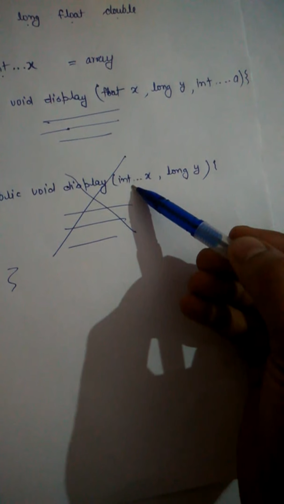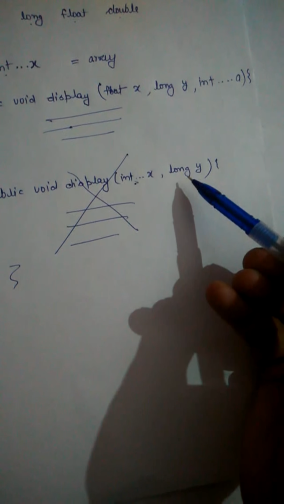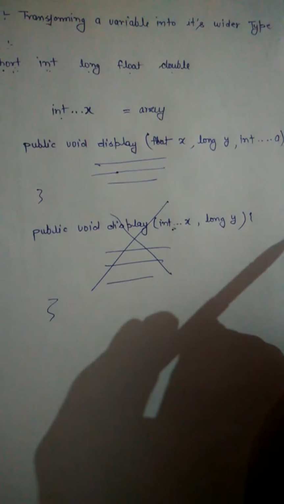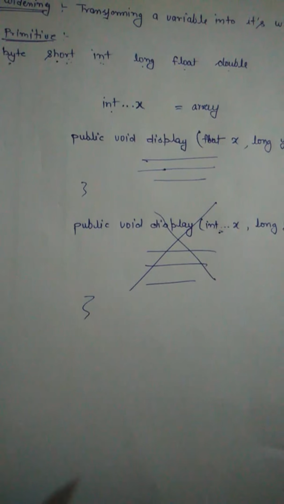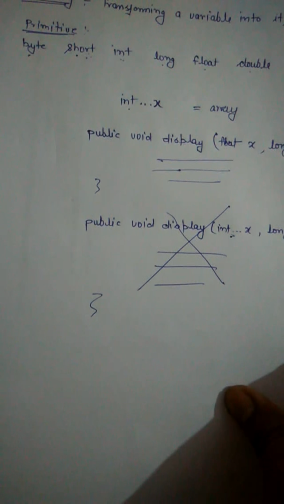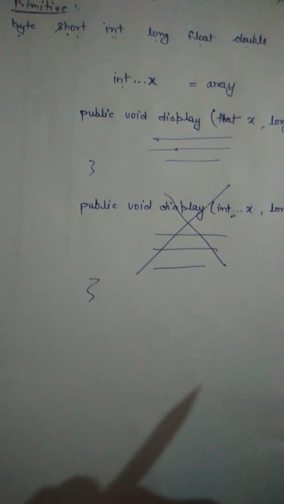This is the wrong way, because the rule says that the variable argument must be the last parameter of the method. So this is called variable arguments. Now we have discussed widening with primitive types, widening with reference types, and variable arguments.